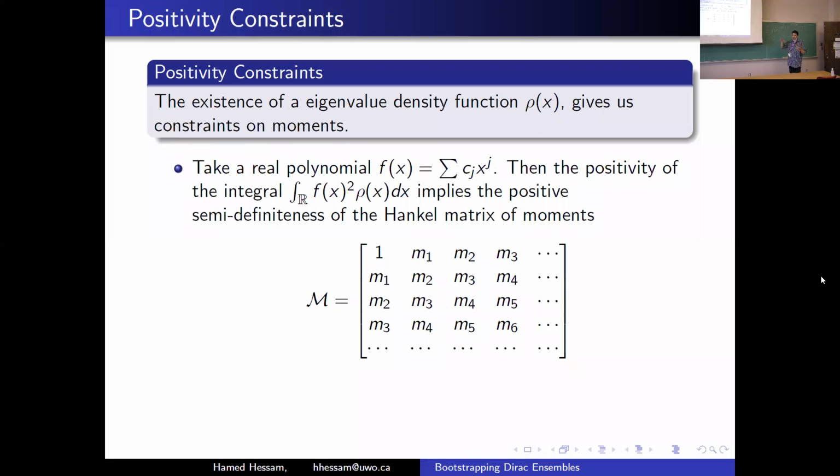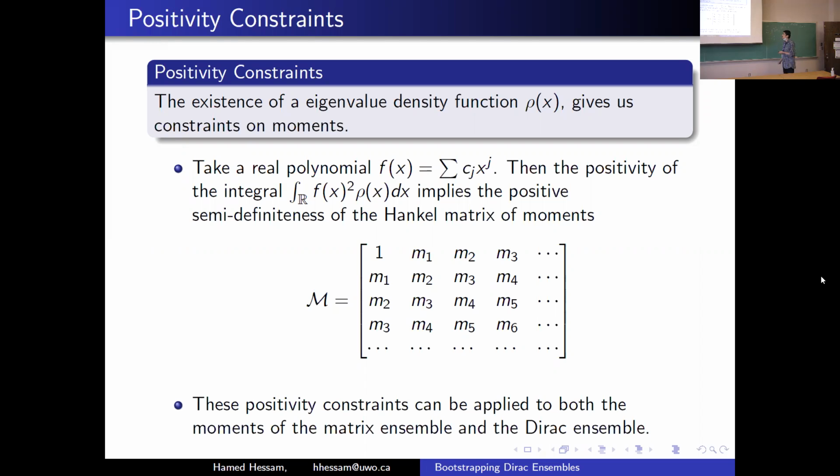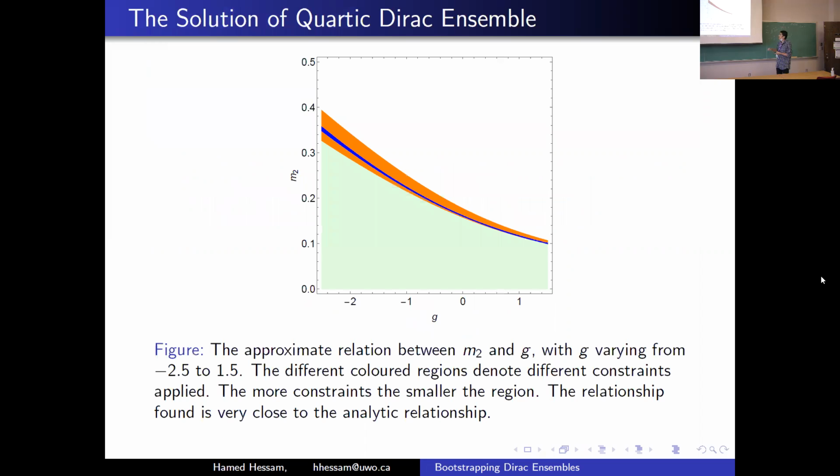If you want to know what is going on with the positivity, I apply this positivity to those Schwinger-Dyson equations. If I write all of them just in terms of M2 and G, and use this positivity, M1 is 0, so the odd ones, M1, M3, are 0 in that case. I can get the following solution.